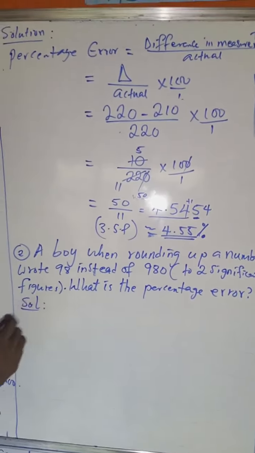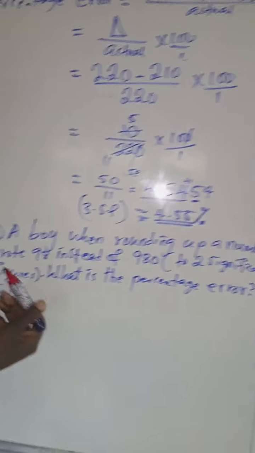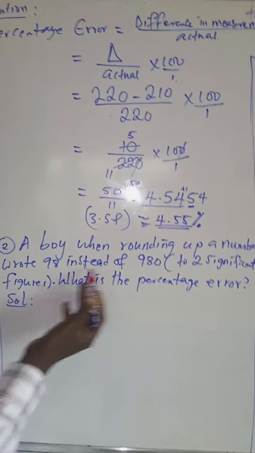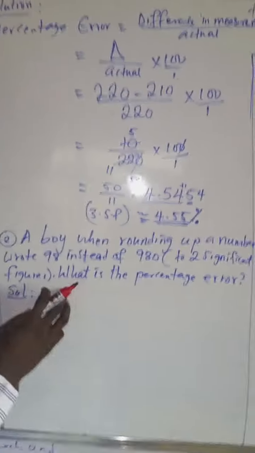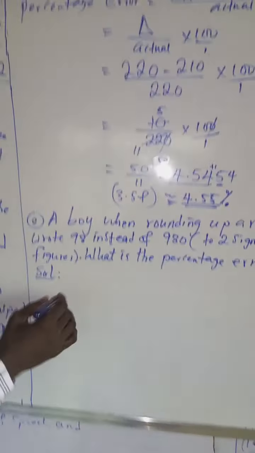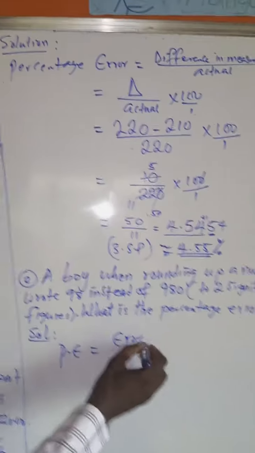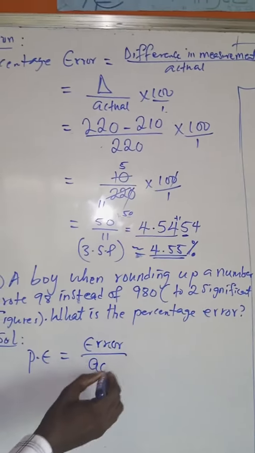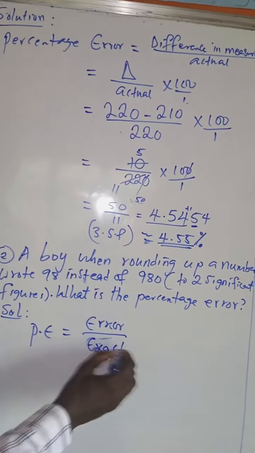Let's see the solution. It says a boy, when rounding a number, wrote 98 instead of 980 to 2 significant figures. What is the percentage error? So we say our percentage error is the error over actual, sometimes they say it that way.